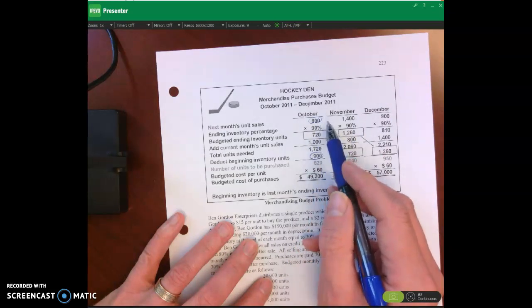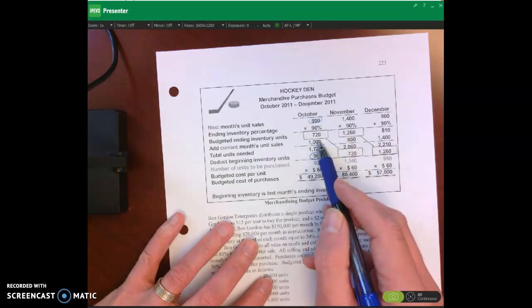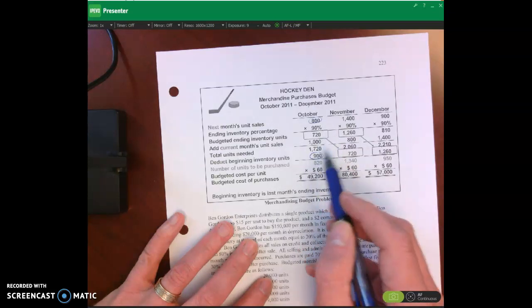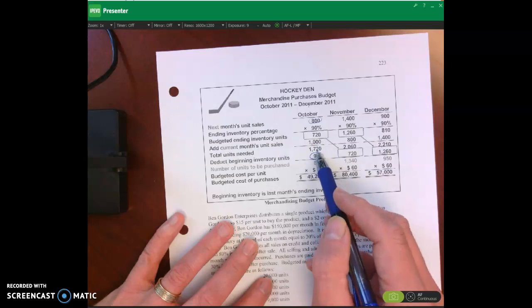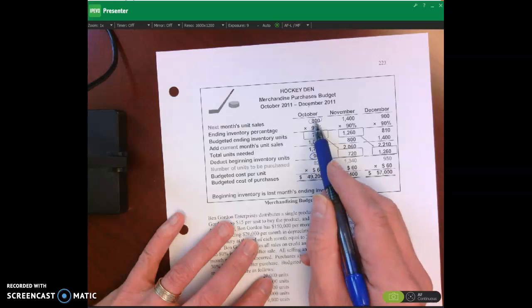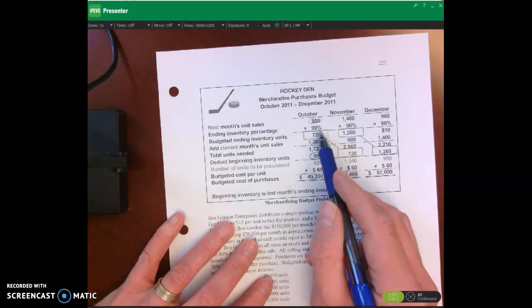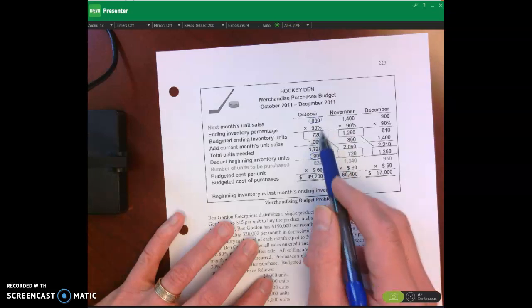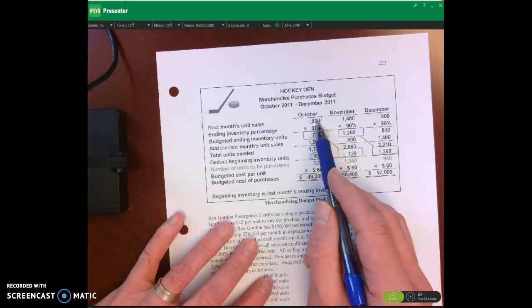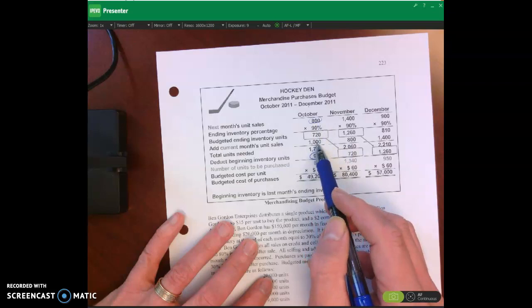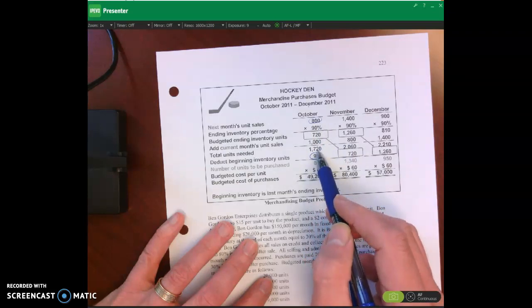Then I can add in the current sales right over here of 1,000, right? 1,000 plus that 720 equals our 1,720. Take our 800 times the 0.9 gives us our 720 right over here. The 720 plus the 1,000 gives us our 1,720.